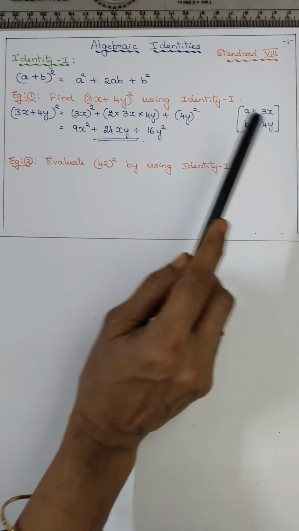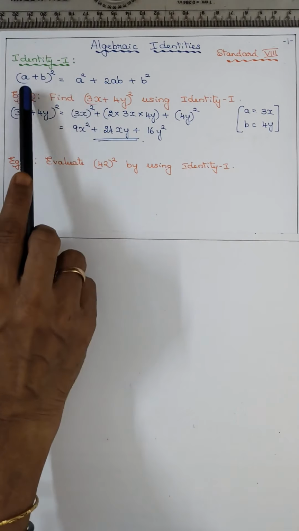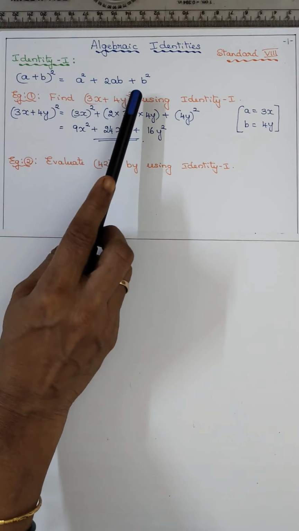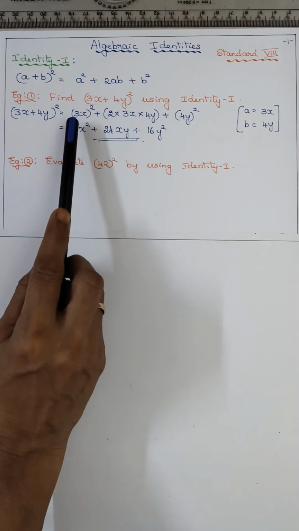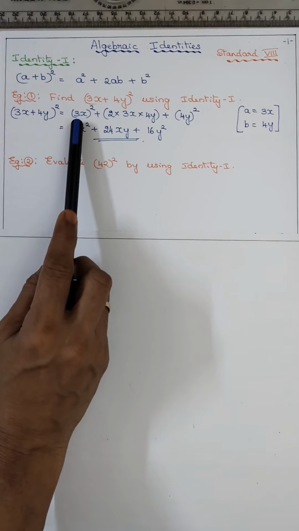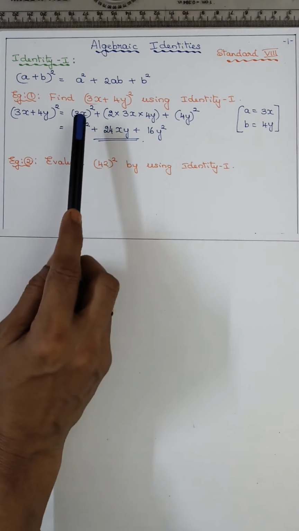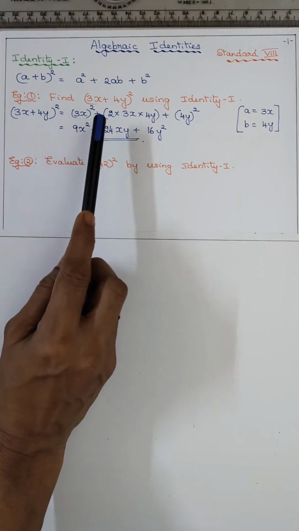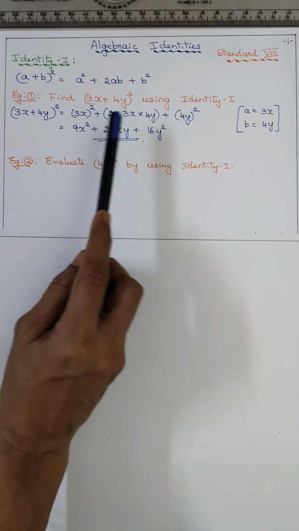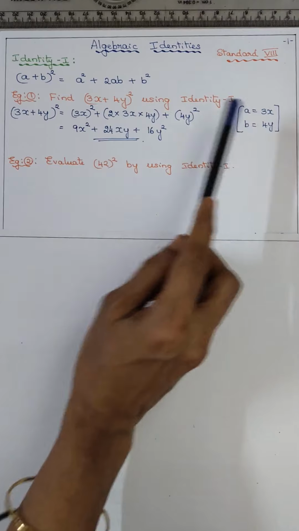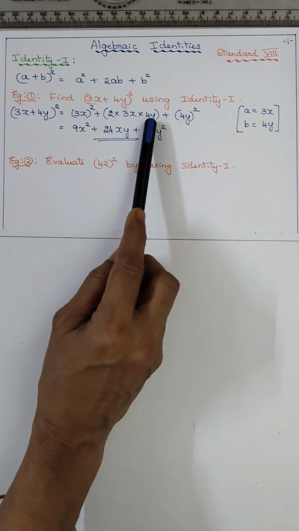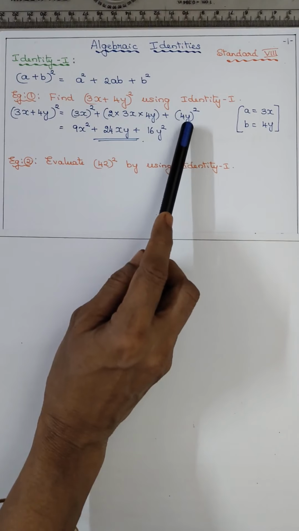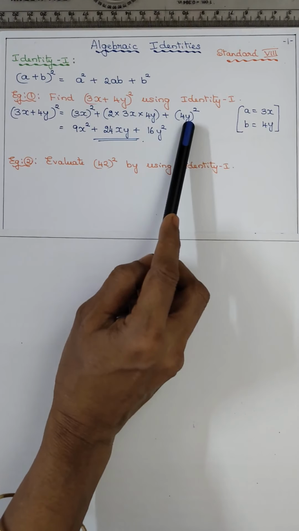Now, the identity is (a plus b) the whole squared is equal to a squared plus 2ab plus b squared. So, a squared, what you have to write? (3x) the whole square. Within the bracket you have to write plus 2ab, 2 into a is 3x, b is 4y, plus b square means what? (4y) the whole square.